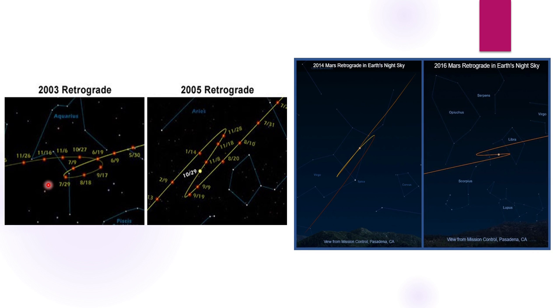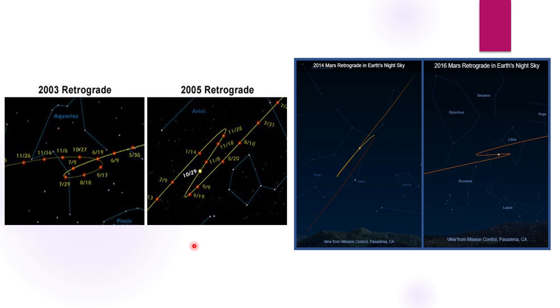Now, if you look at these images, you can see that the retrogrades that happened in 2003 and 2005 are in no way similar to each other, and the same is the case with the retrogrades that happened in 2014 and 2016. They also are in no way similar to each other, and that's the main fault.